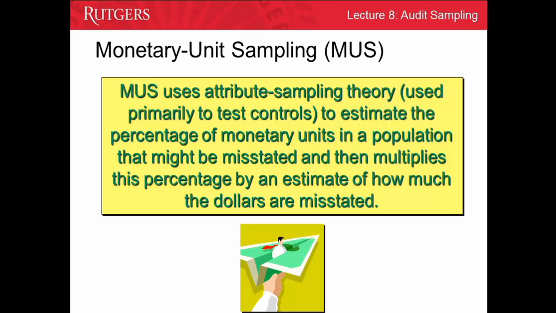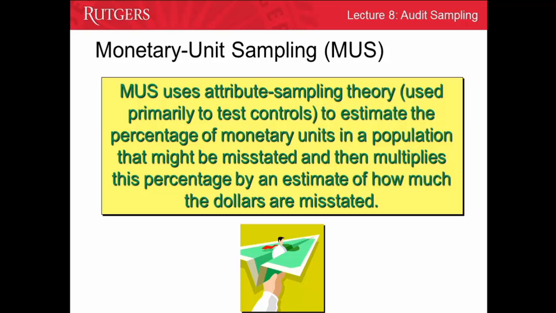So MUS begins with attribute sampling concepts as a foundation, but takes into consideration the misstatement amounts observed in each sampling unit when computing the best estimate of the population misstatement and formulating the confidence limit around this estimated misstatement.